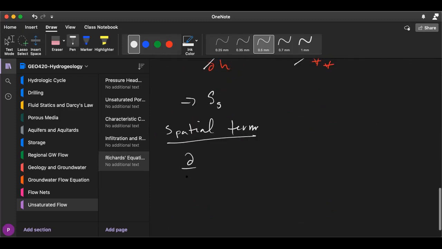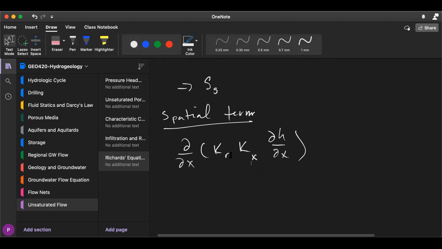And so this was d dx, for example, of k sub r, k sub s dh dx. Let me just make this kx. What happens to k sub r at saturation? What's the value of k sub r at saturation?